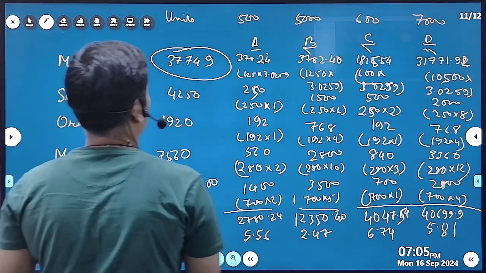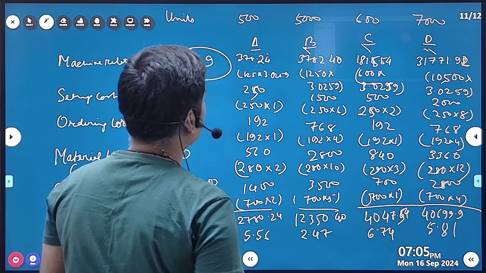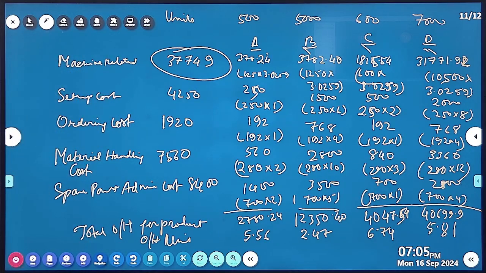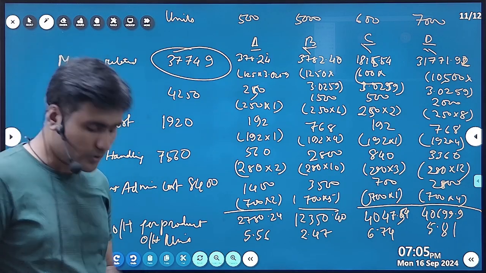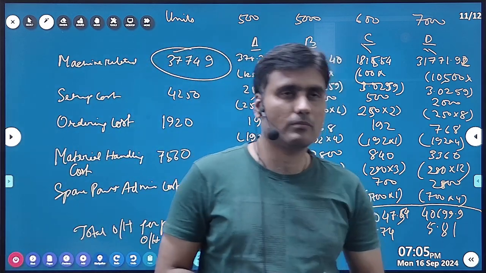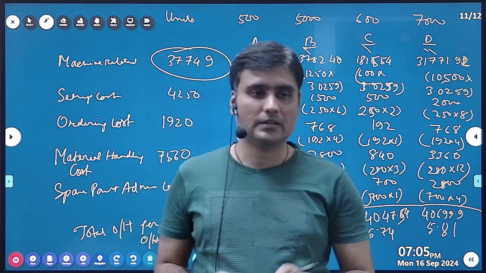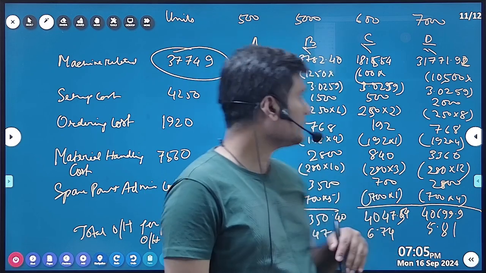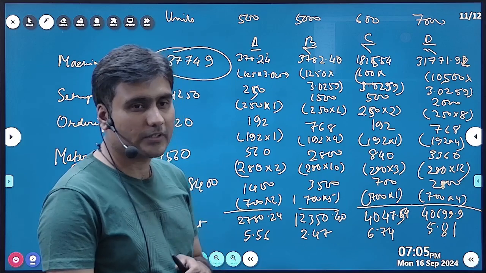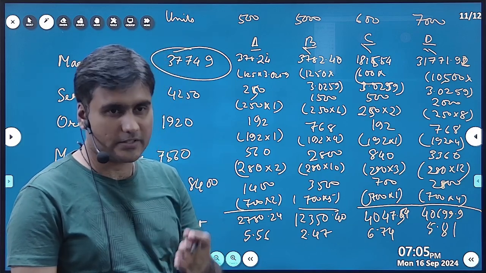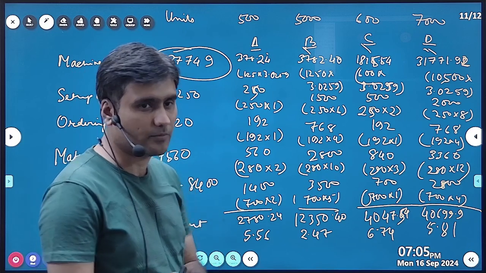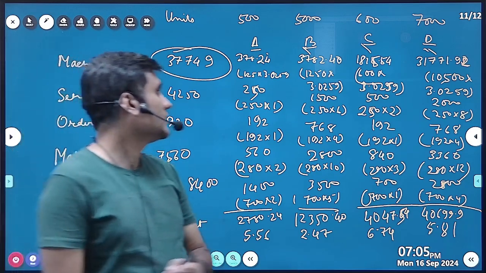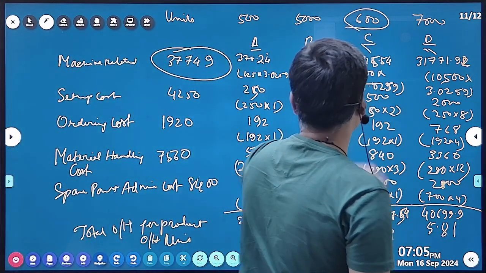Previous 500. So you can see the highest quantity manufactured is for D. Somewhere in the book we had read that ABC costing penalizes the low producing items by putting more overhead cost on them, right? Yesterday only, Saturday only, we had read it in the disadvantages or demerits of ABC costing. So you can see this has been penalized.